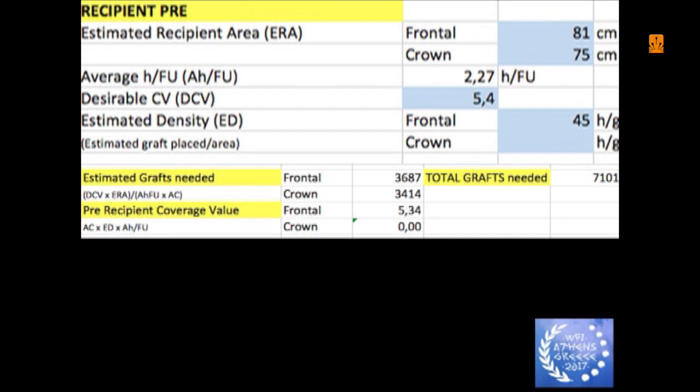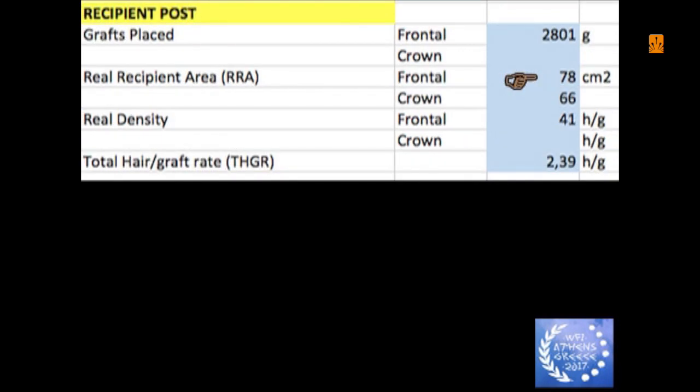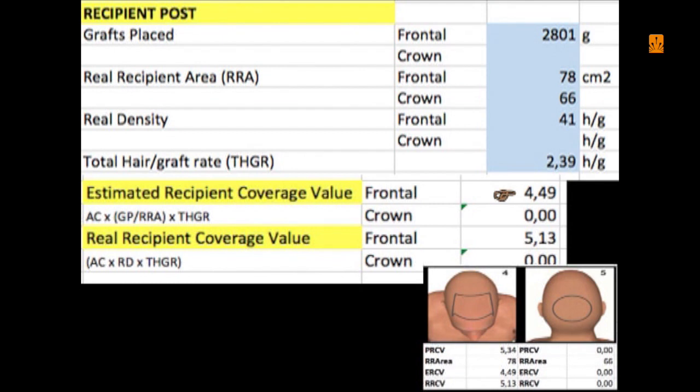To finish with our pre-recipient general evaluation, we also know now that we will need 7,100 grafts to cover both frontal and crown areas. At the end, we placed those 2,800 grafts in a lower area, 78 square centimeters, with a total hair per graft rate of 2.39. That's higher than expected. The estimated recipient coverage value was 4.5.